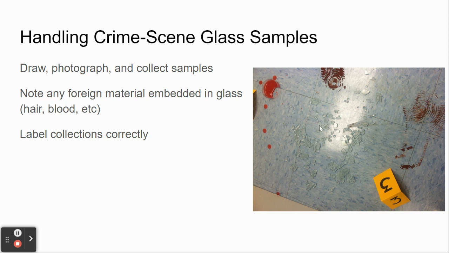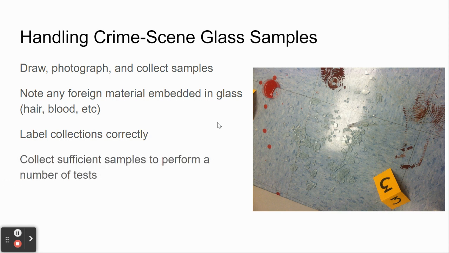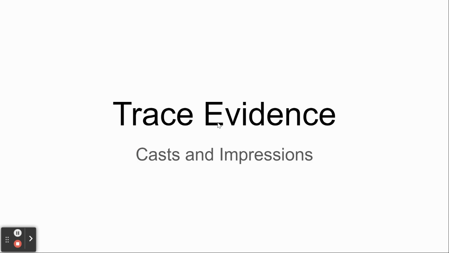Again, rarely would glass be the standalone piece of evidence that's going to be necessary in a court of law, but it's just another piece to the puzzle, so to speak, that allows us to connect the dots and show, yes, these individuals were at that location when that particular event occurred. Okay. Again, you want to make sure you collect sufficient samples.